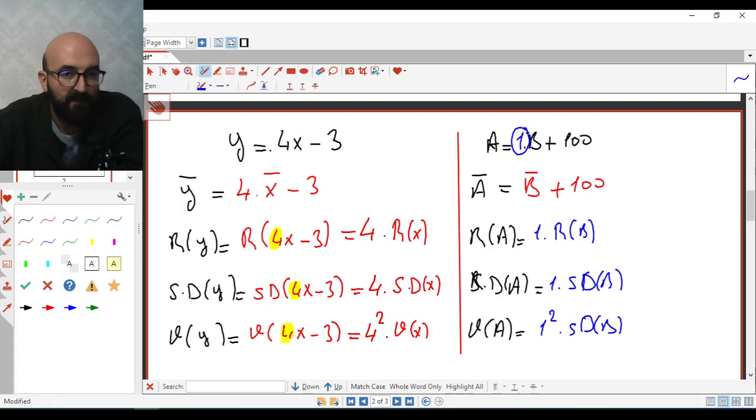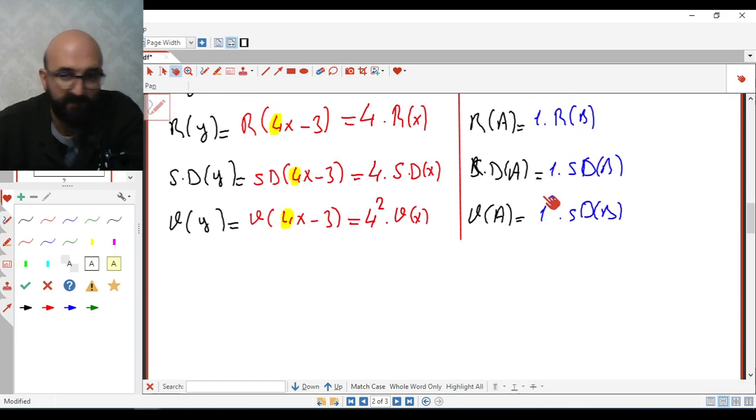But if our factor is different from 1, it will exactly affect them. Please notice this point.